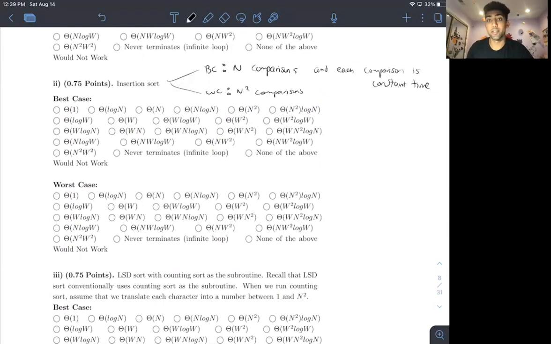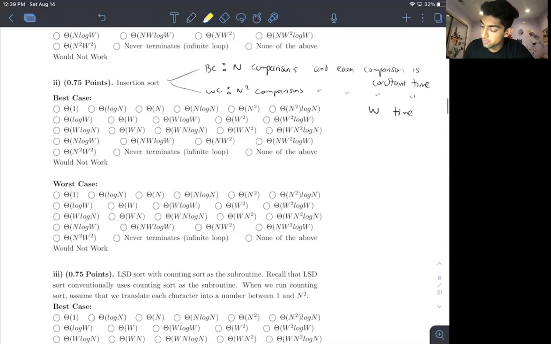The worst case is that we do n squared comparisons, and each comparison is w time. So what we can see is that the best case is going to be wn, and the worst case is going to be wn squared. Or that's not wn squared. This is wn squared. Okay.